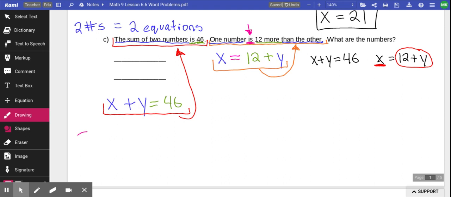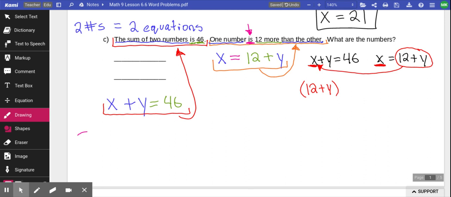What that means is I can take x equals 12 plus y and substitute it into the other equation for x. So if this x equals 12 plus y, then this x should also equal 12 plus y. It's called substituting. So I'm going to substitute this first x to make it 12 plus y.